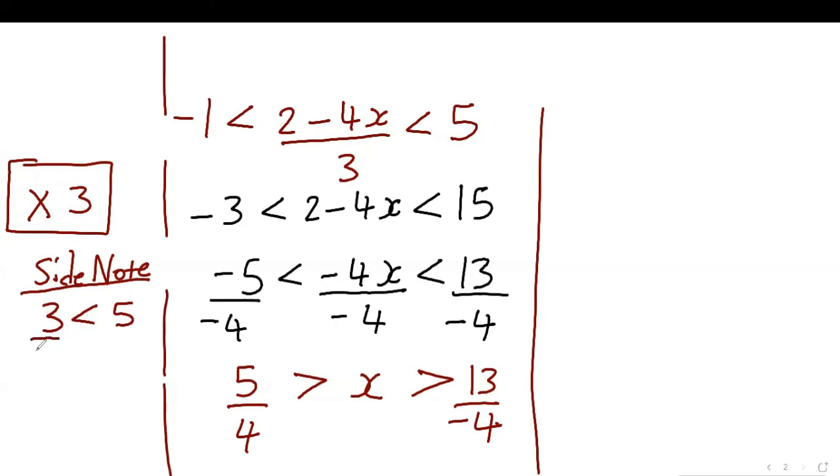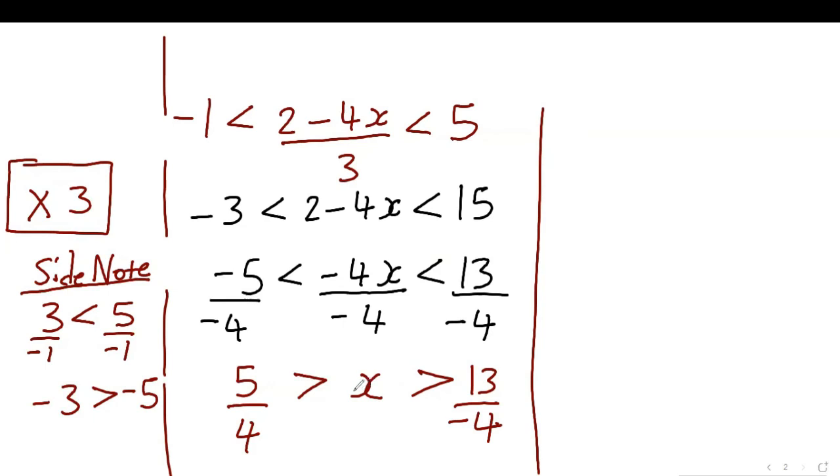But if you divide by -1, isn't -5 less than -3? So when you divide by a negative number, you have to flip the sign in order to make the statement true. Because -3 is a bigger number than -5, even though 3 is less than 5. So we have to remember that when you divide by a negative number, you flip the sign. So right here, we have to flip the sign.